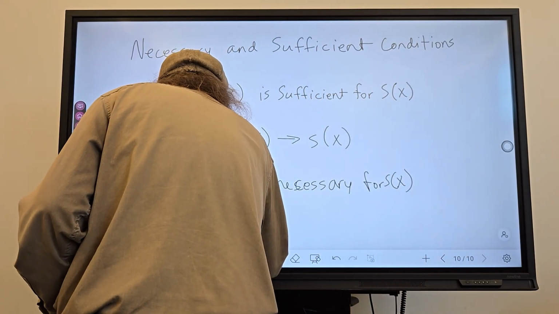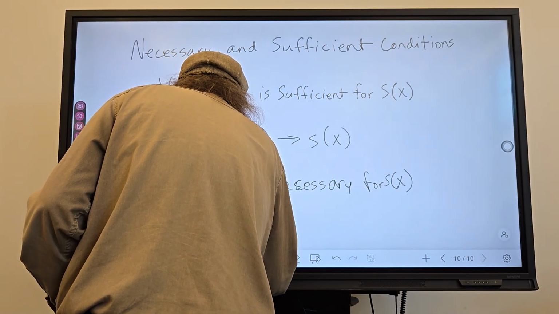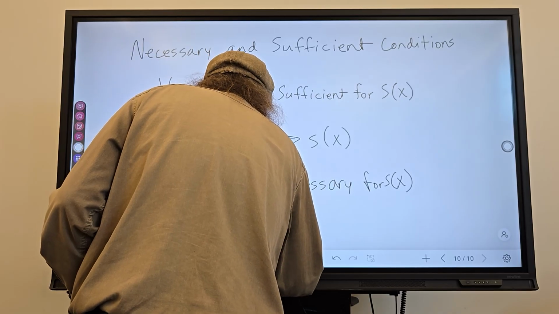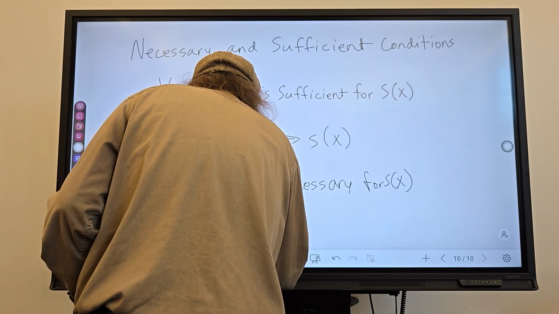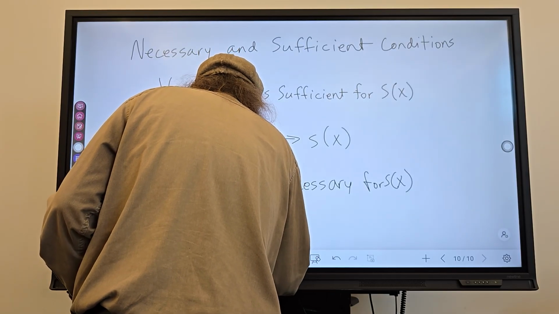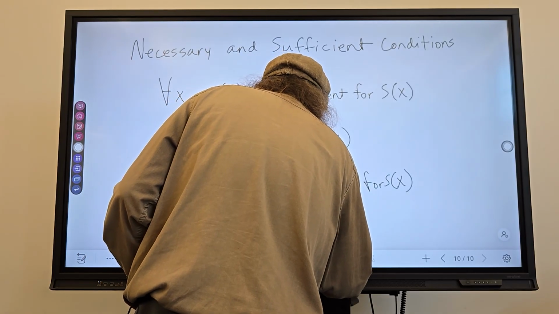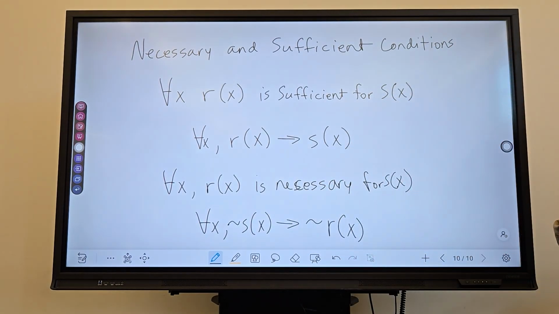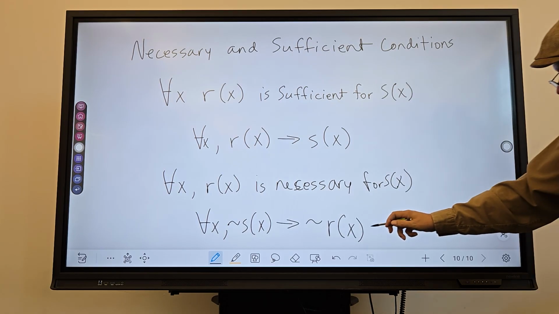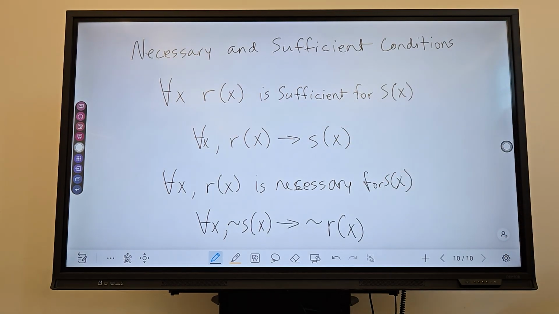That means for all x, I'm sorry, if not S of x, then not R of x. Am I getting that right? Yeah, which are basically the same thing. This is just the contrapositive of this, but the wording is just a little bit different, that's all.